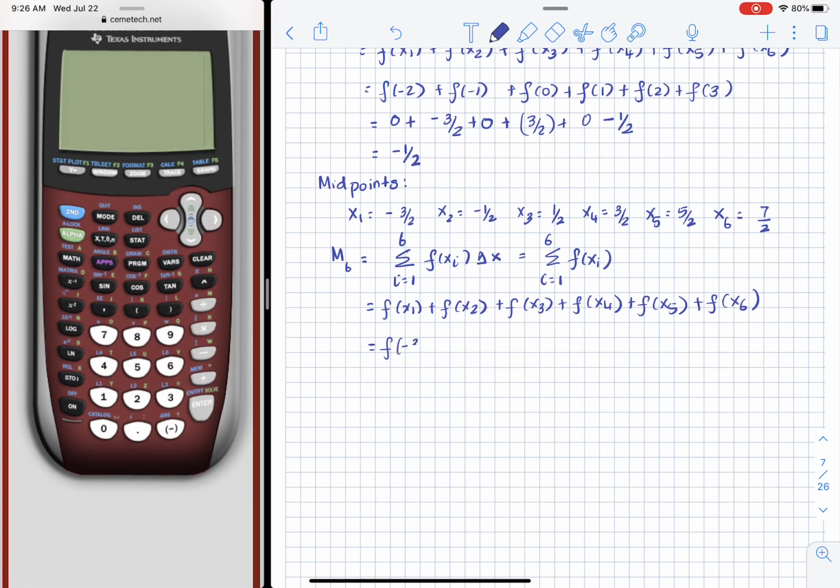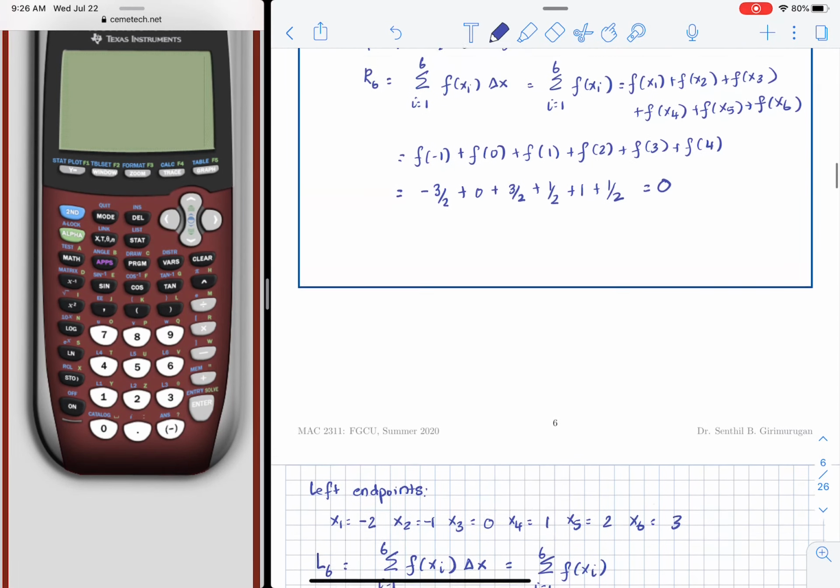So f of negative 3 over 2, f of negative 1 over 2, f of 1 over 2, f of 3 over 2, f of 5 over 2, and f of 7 over 2.